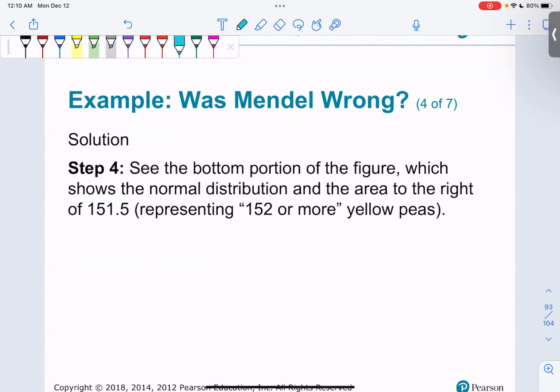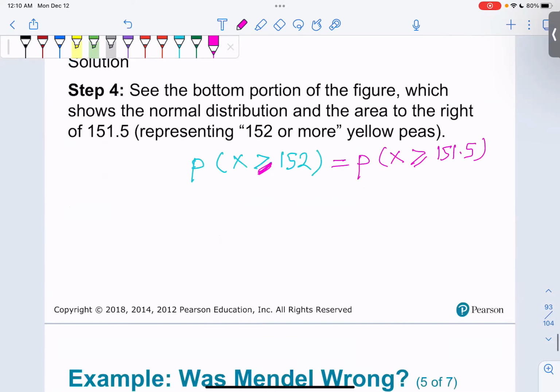So now we have the probability of X greater than or equal to 152. We did say that since we have this equal sign, we must have 152 included, so it will be greater than 151.5. Why? Just to make sure that we include 152.